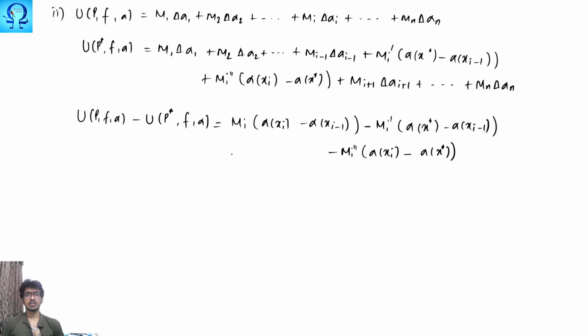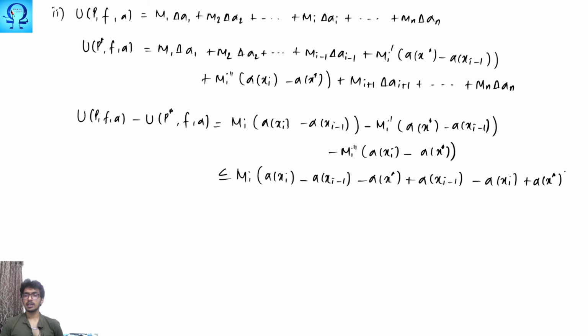And the same arguments. This is the largest quantity, this is the smallest quantity, so we'll be left with mi times of alpha of xi minus alpha of xi minus 1, minus alpha of x star, minus of minus plus alpha of xi minus 1, minus alpha of xi plus alpha of x star.